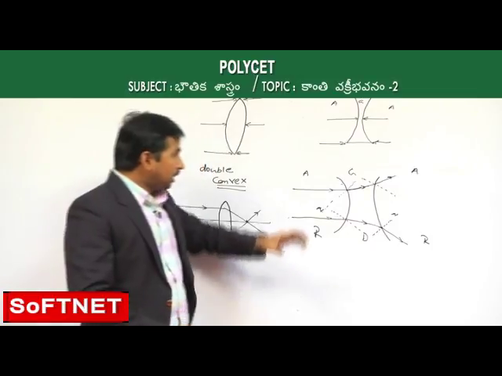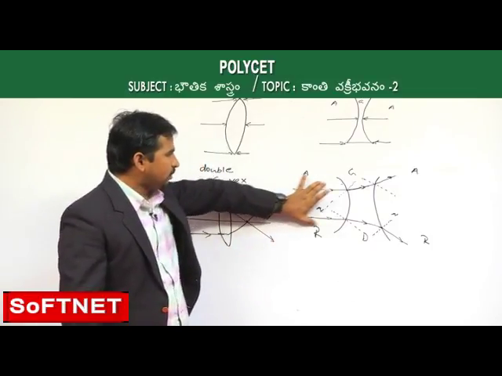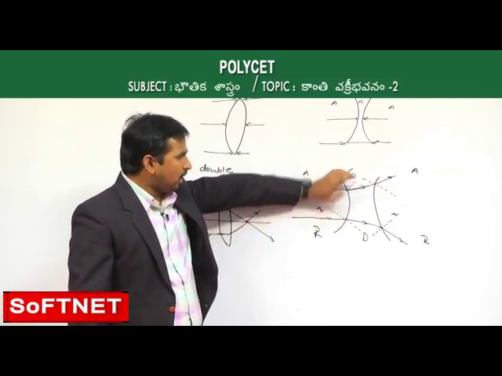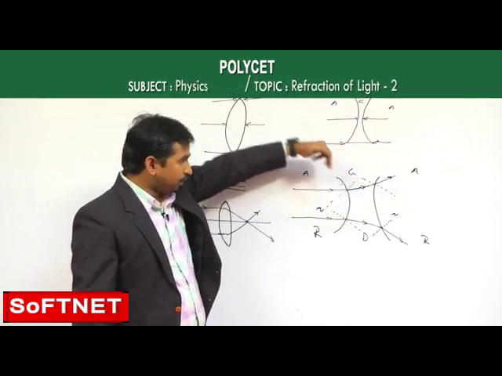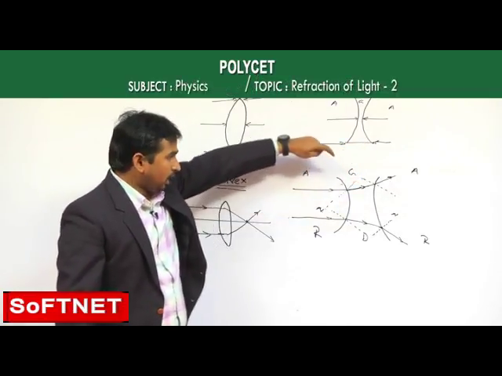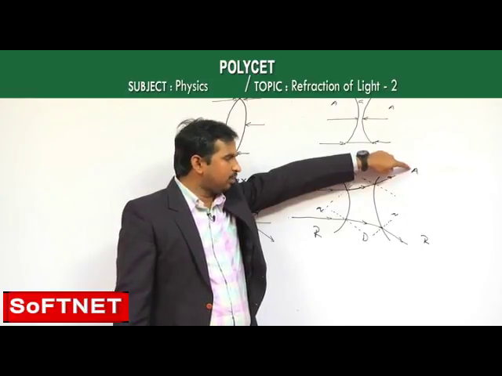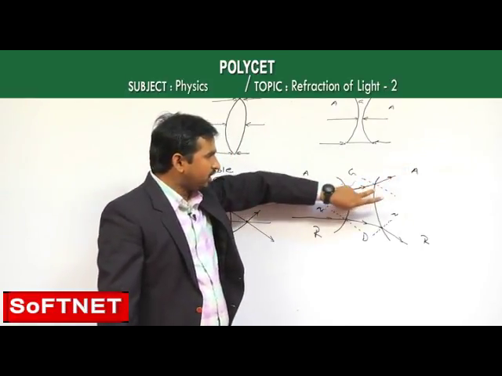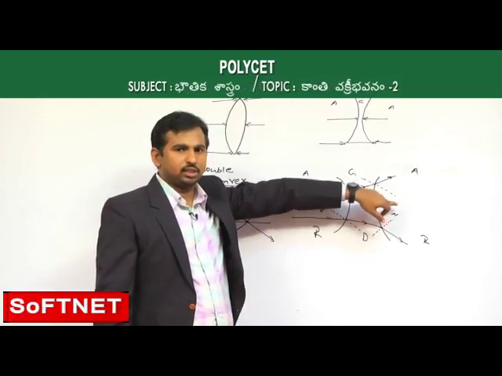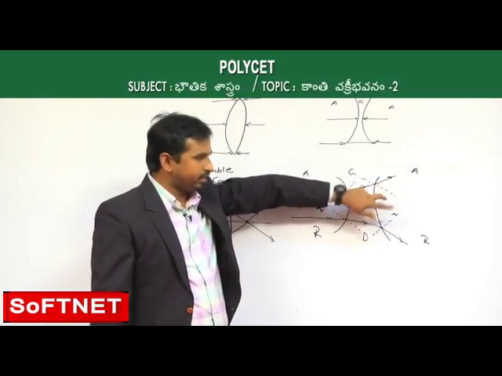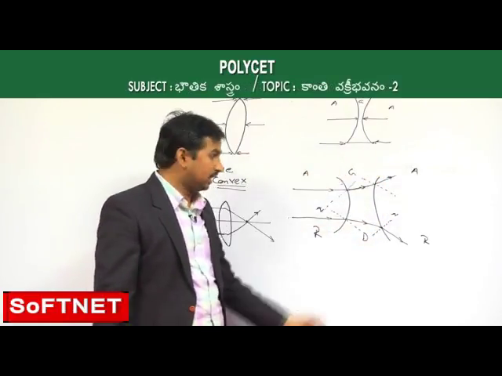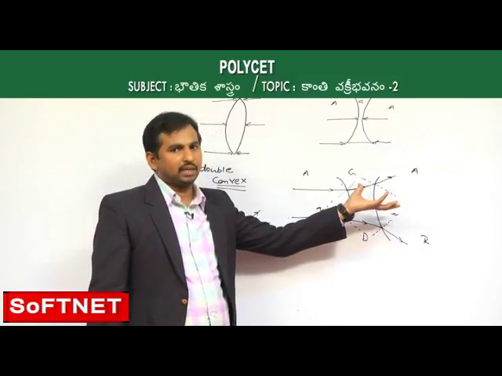If you observe, if I focus on two light rays which are parallel to each other, after refraction is over, of which air to glass refraction and glass to air refraction, after that the light rays coming back to the air, both the light rays are moving away from each other. Okay, both the light rays are moving away from each other. This is like a diverging beam.